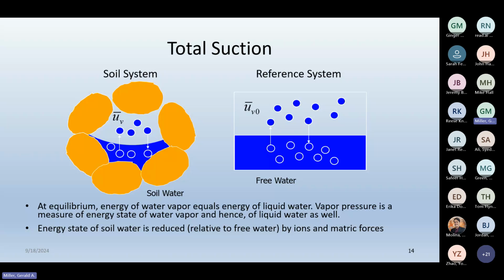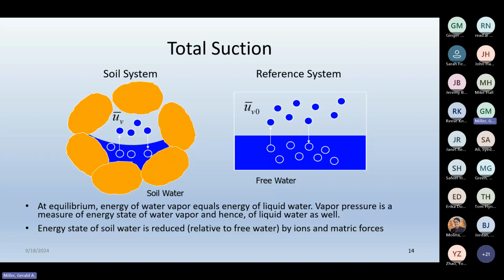On the left, we have our soil system, and this water is influenced by its interaction with the solid. That's that capillary effect. And if there are ions in the water, as there often are in natural soils, there's usually some salt content, those also affect the water and the water molecules.